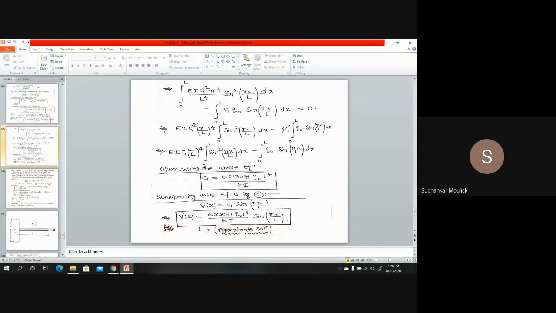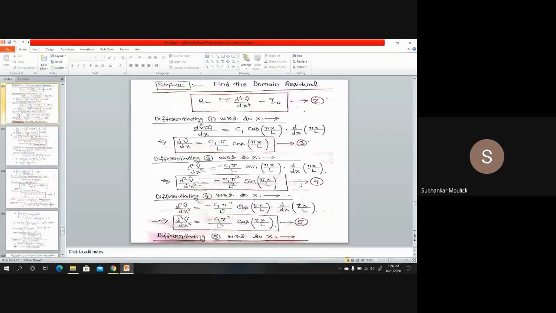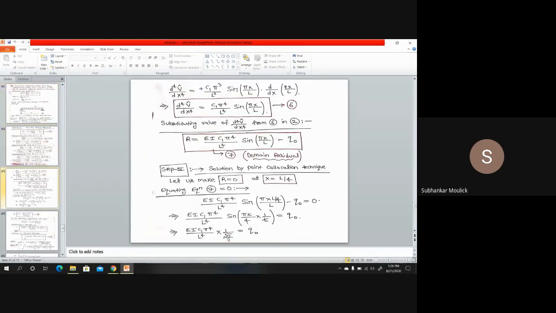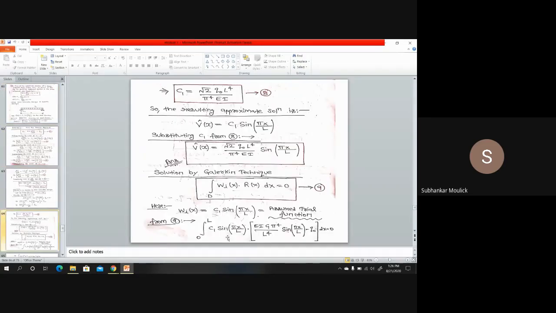Now the approximate solution by Galerkin technique will be what? In the assumed trial function, I have to substitute the value of c1, which I have found by the Galerkin method. So let us substitute the value of c1.